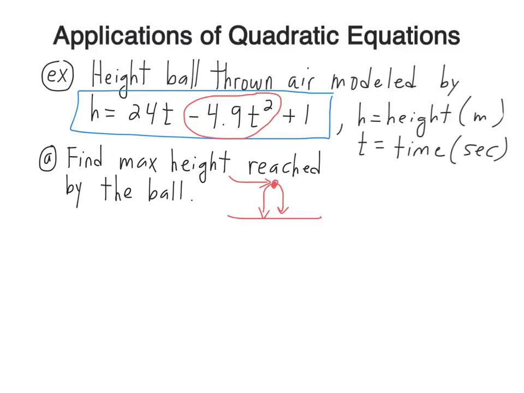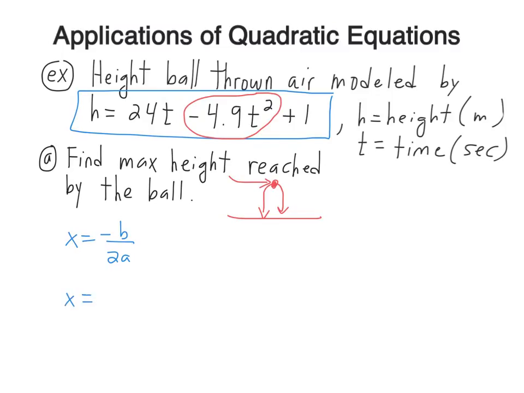Well, since this is in that standard form of ax squared plus bx plus c, we know that we can find our axis of symmetry by using this equation. Remember, that'll give us the x value of the vertex, and then once we have that, we can plug into the equation to find the y that goes with it.